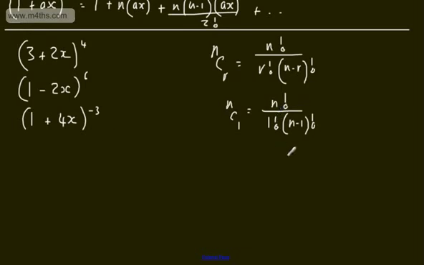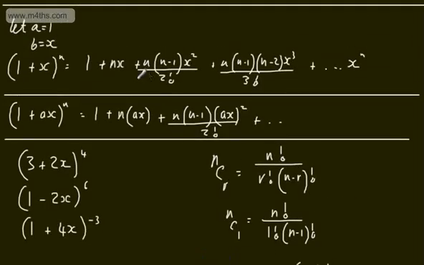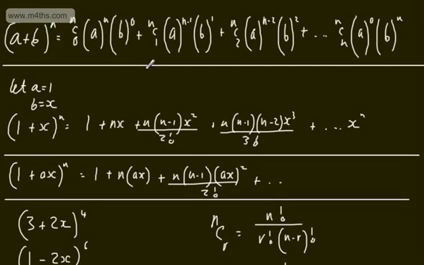Now n factorial is n multiplied by (n minus 1) factorial, over 1 factorial, which of course is just 1, and then we have (n minus 1) factorial. We can see that they're going to cancel, and that's why we can make the substitution here. So instead of nC1, we're going to have n.